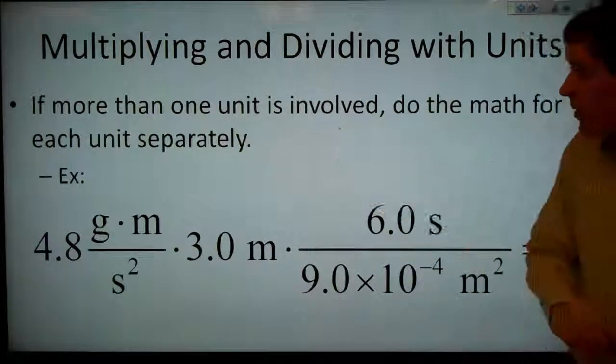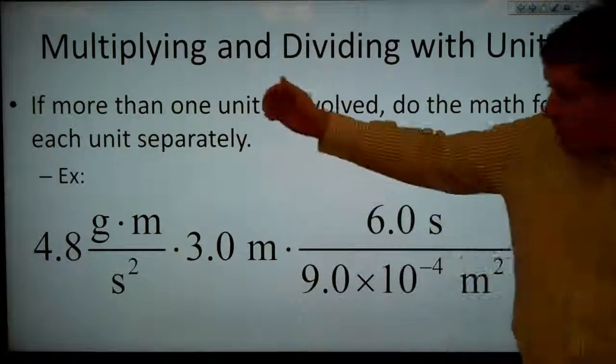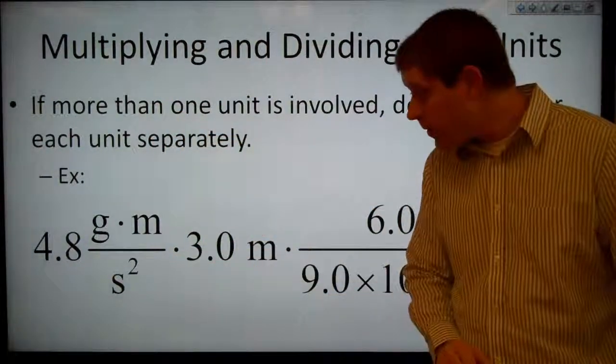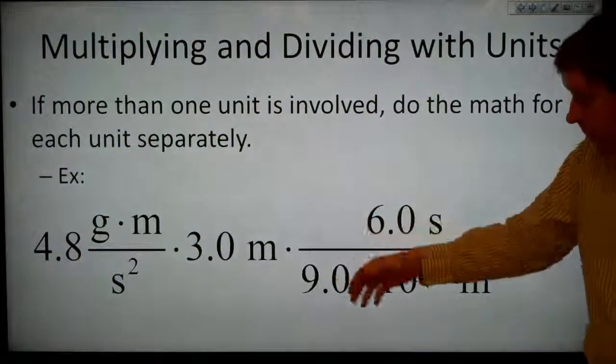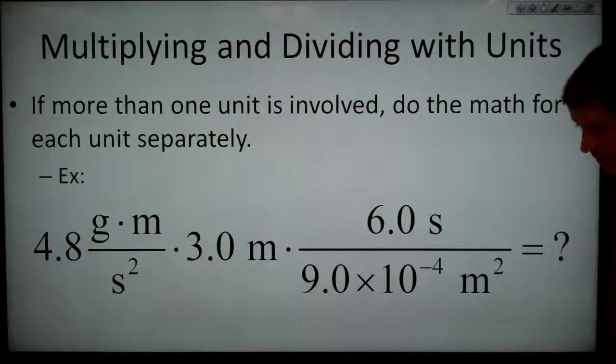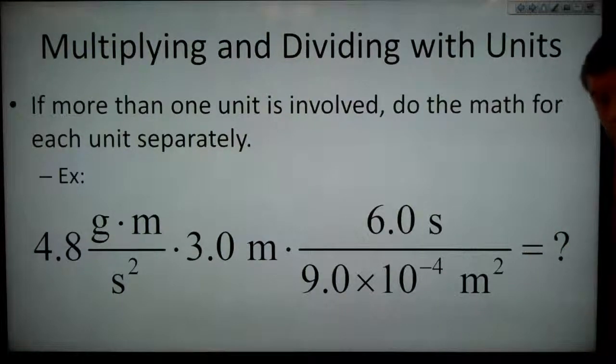So if more than one unit is involved, then do the math for each unit separately. So if we have something like this, 4.8 grams times meters divided by seconds squared times 3.0 meters times 6.0 seconds divided by 9.0 times 10 to the minus 4 meters squared. And we want to know what that equals.